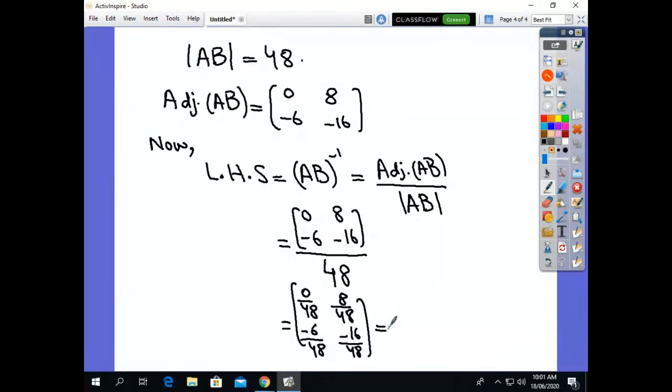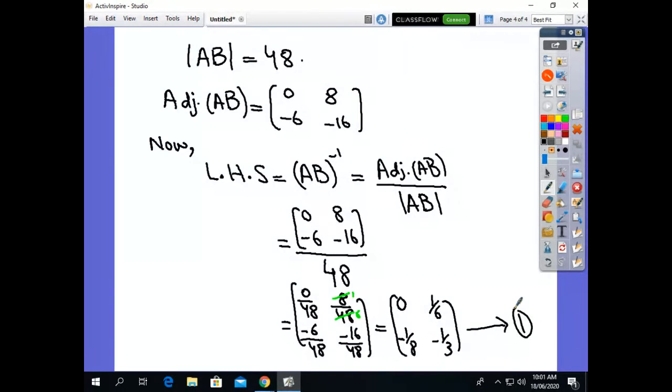After simplification, 0 divided by some number becomes 0. 8 divided by 48: 8 ones are 8, 8 sixes are 48. It becomes 1 by 6. Similarly, negative 6 divided by 48 becomes negative 1 by 8 and negative 16 divided by 48 becomes negative 1 by 3. We call this equation number 1.